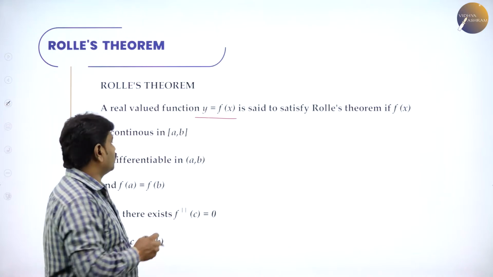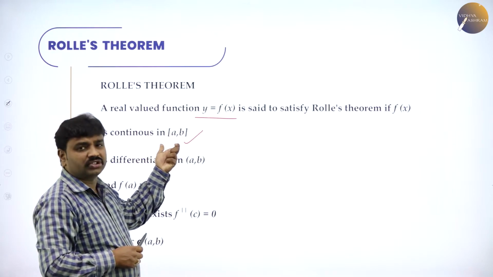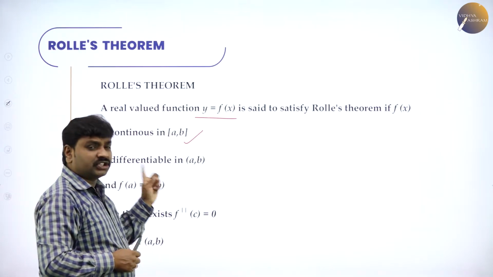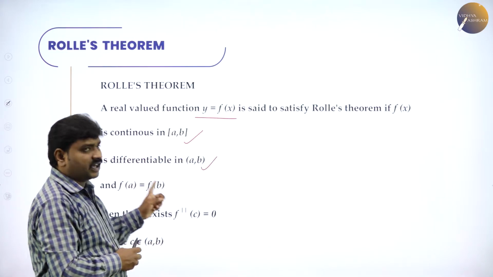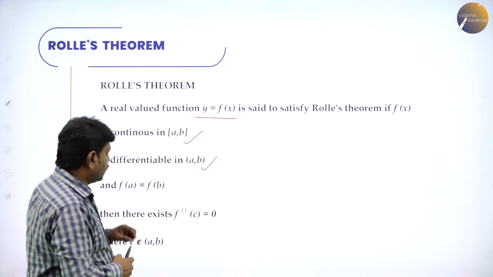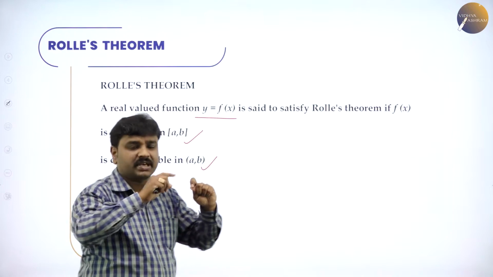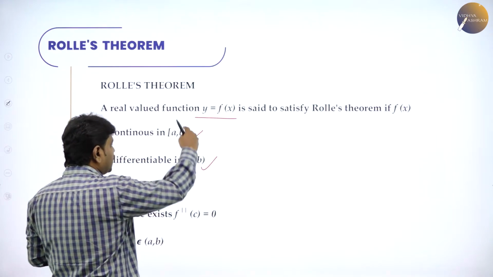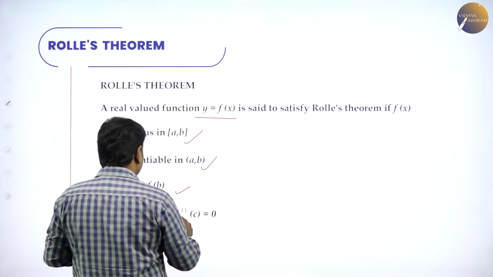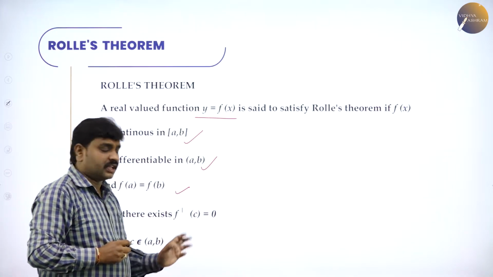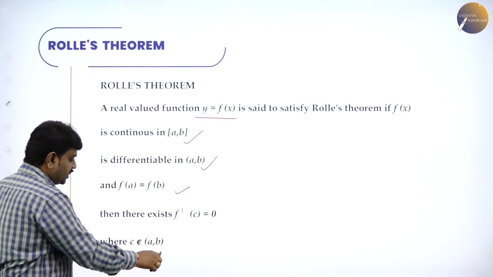Condition number 1, the function should be continuous in closed interval AB, and the function should be differentiable in open interval AB, and f of a value should be equal to f of b, upper limit and lower limit. So a functional value at a and functional value at b should be same. And once these 3 conditions are satisfied, then find f dash x, then find f dash c. Equate f dash c to 0 such that we'll get a c, and that c should be in the interval.